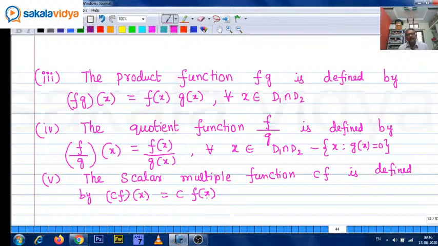That means we can multiply any function with a constant also. Here, for every x belongs to D1.